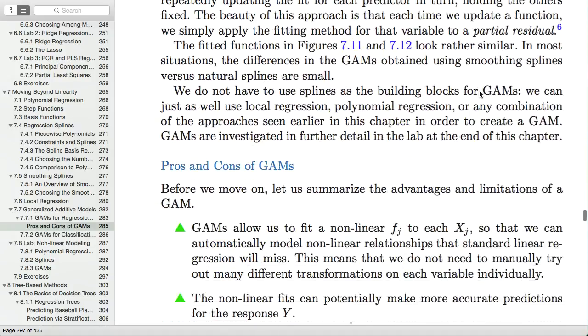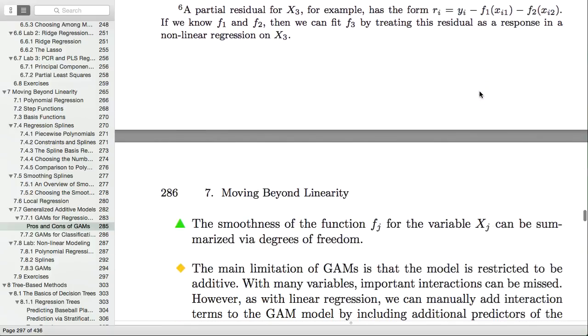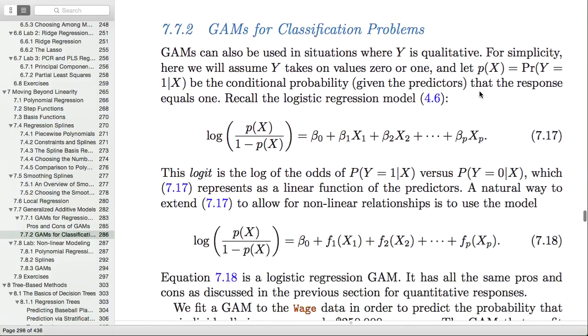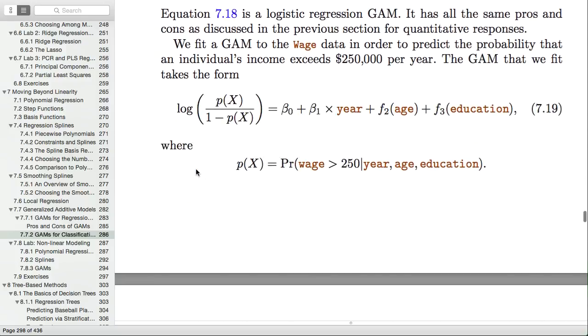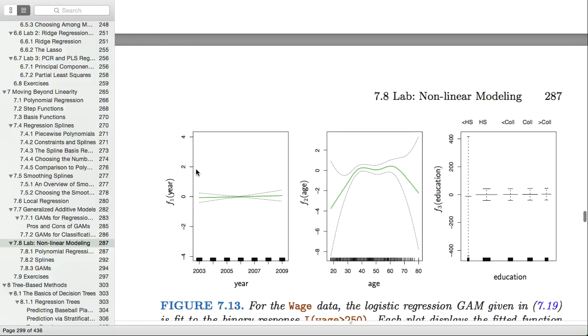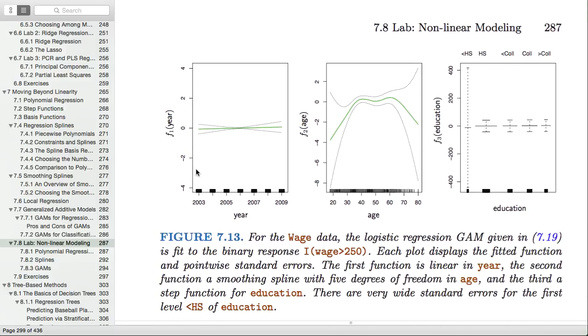Now we can also do the same thing with qualitative data. I'm just going to skip that for a second; we'll come back to the pros and cons. We can use the same example that we used earlier in the chapter, modeling the probability of being in the high wage earners group, that's the greater than 250 group. And so here's a picture of that. And it's quite suspicious looking. This isn't terribly informative.